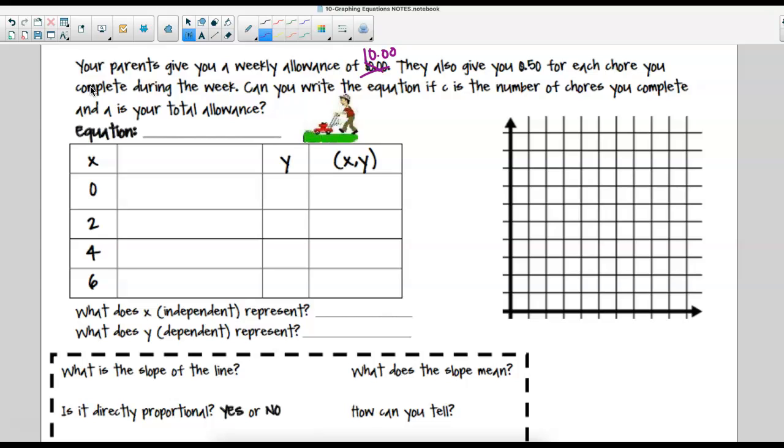Okay, so this time your parents are being really nice. They're going to give you $10 every week no matter what. You can sit on your butt and do nothing all week long, play video games, watch TV. They're going to give you $10 at the end of the week. If you do something extra, they're going to give you 50 cents for every chore you complete.